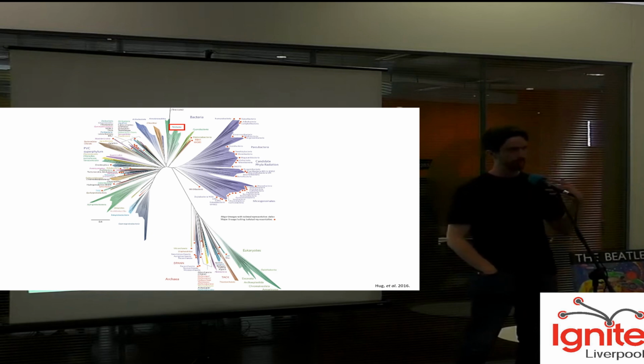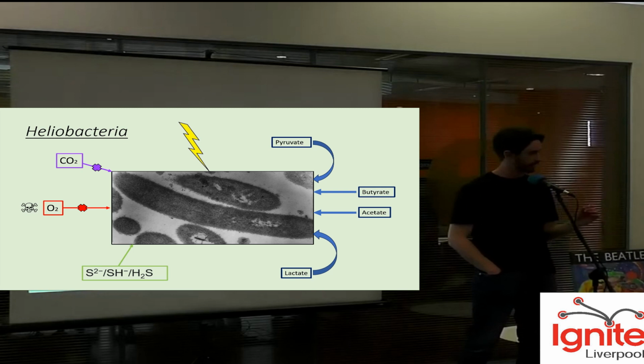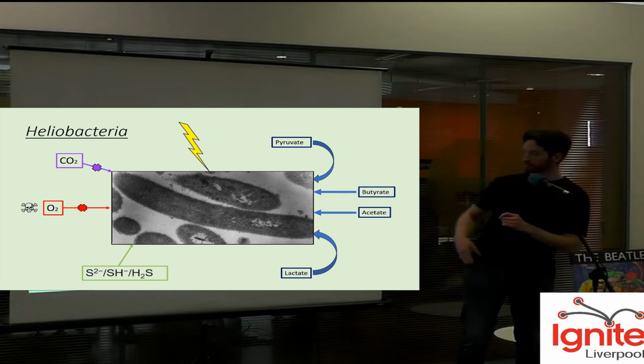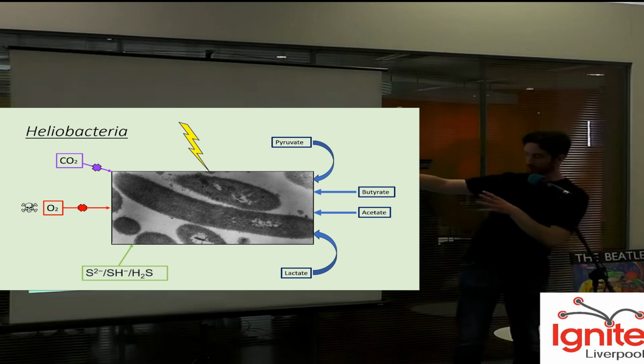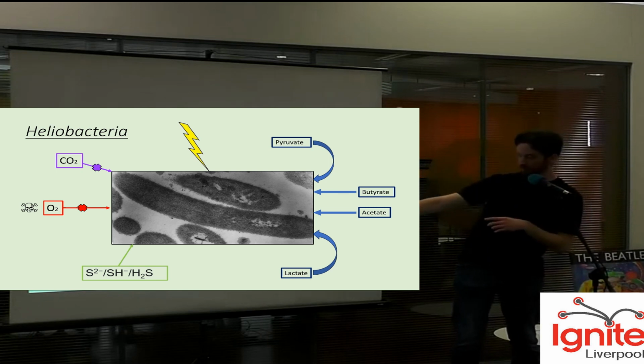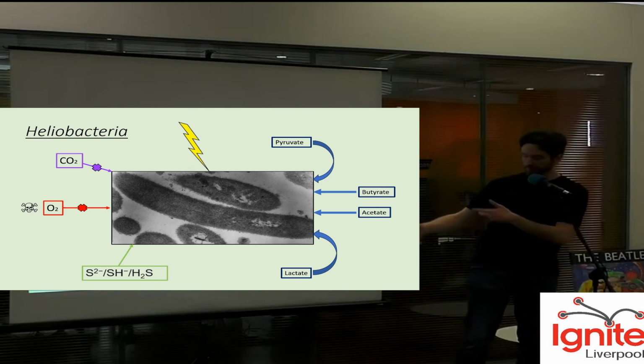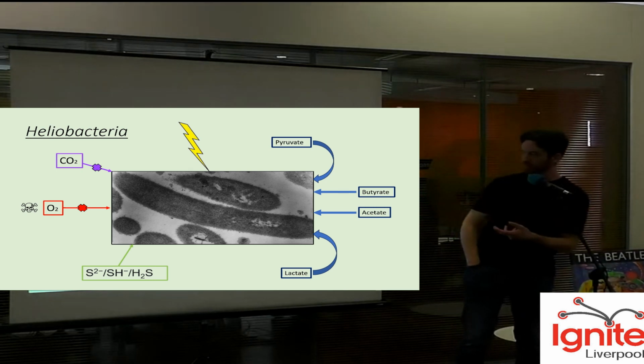They're a form of light absorbing bacterium, but they can't take on carbon from the atmosphere. Heliobacteria use light, but oxygen kills them, and they can't take up carbon dioxide, but they will use sulfur or hydrogen sulfide or sulfuric gas of some kind to power their metabolism.